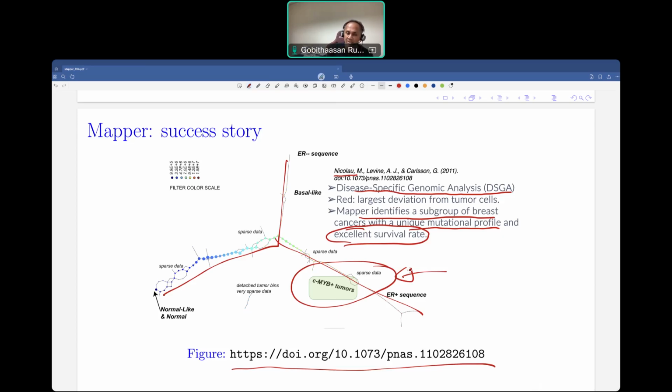Fortunately, Mapper found this group, and if given proper medicine and proper care, the patient would survive. Then you can increase the survival rate. So that was the success story of Mapper.